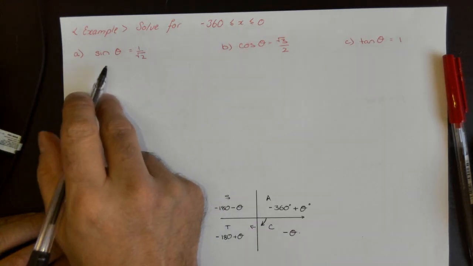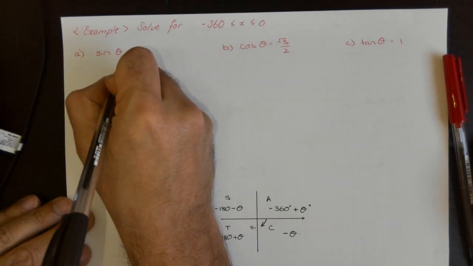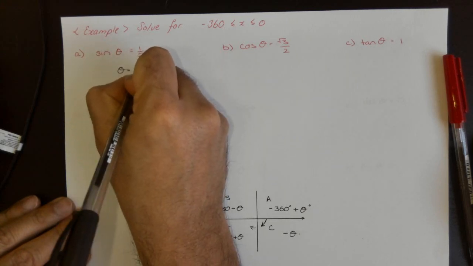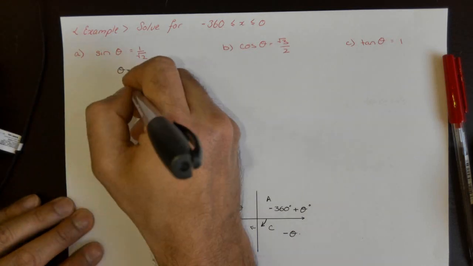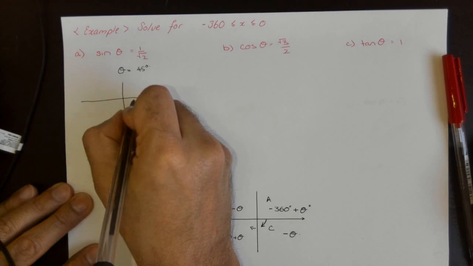Okay, so when I want sine to be positive, we know that theta technically was 45 degrees. But we're going to go backwards. So I'm just going to do a very rough sketch.